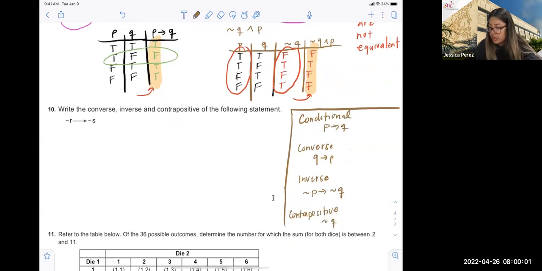So it's not Q implies not P. Okay, so you switch and negate.